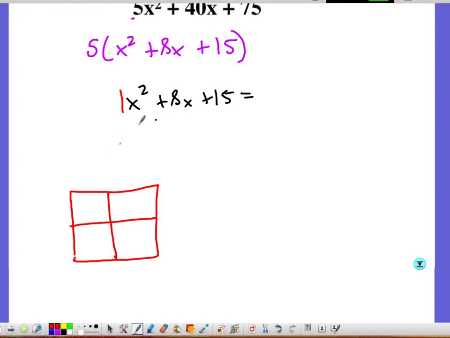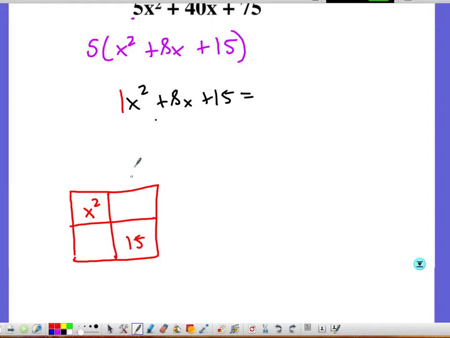And so I know that x squared is going to go right here, and then 15 goes right here. Again, the essential question is, how am I going to get those two numbers right there? How am I going to break down 8x so that I know what to put in those two boxes?